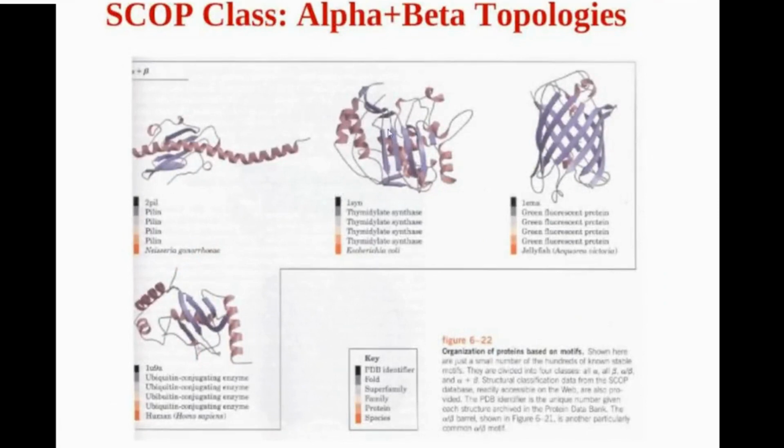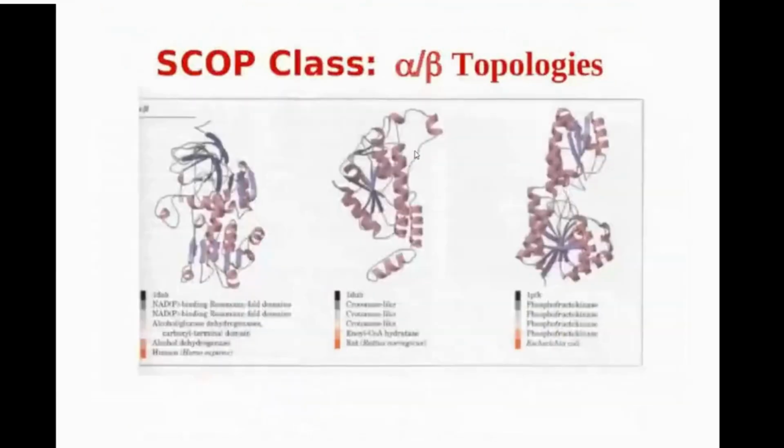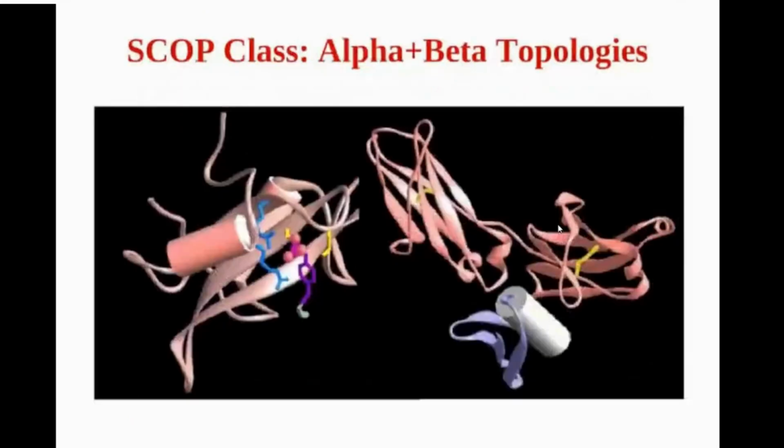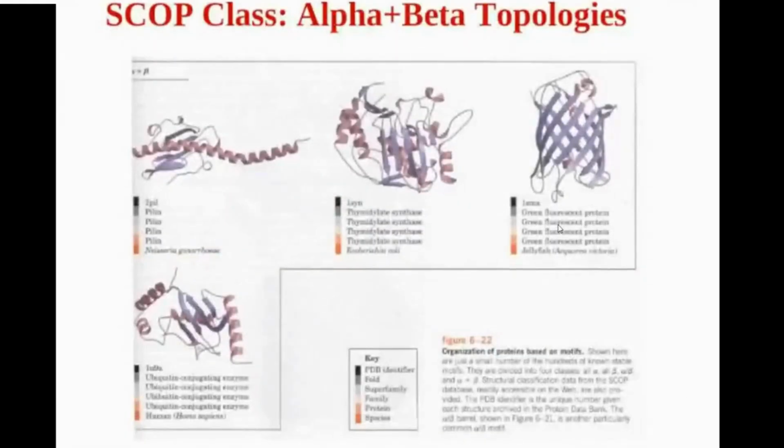And the alpha and beta regions are segregated, सेपरेट रीजन रहता है, जबकि जब हम अल्फा और बीटा में आएंगे तो वो मिक्स रहता है, ठीक है। यहाँ पे सेग्रीगेटेड अलग अलग यूनिट्स बनाते हैं, ओके. So these are all the different topologies of SCOP classes.